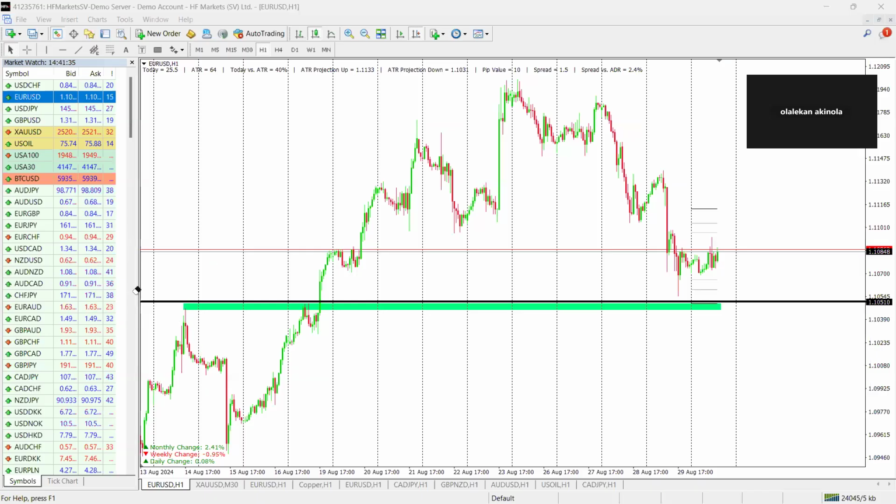Now, you also need to understand something about confirmations and confluence. You see, you don't enter positions just because it's a support or it's a resistance. There are few things that you need to do when you're trying to confirm a level.